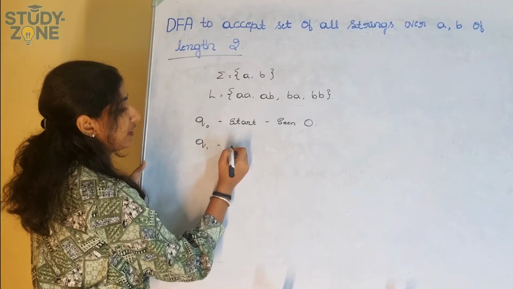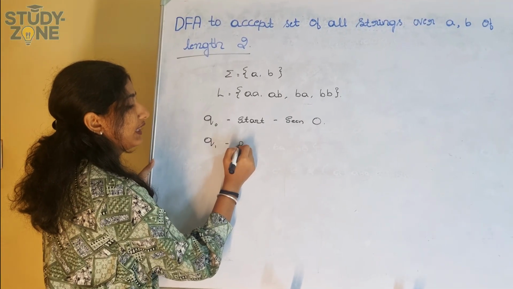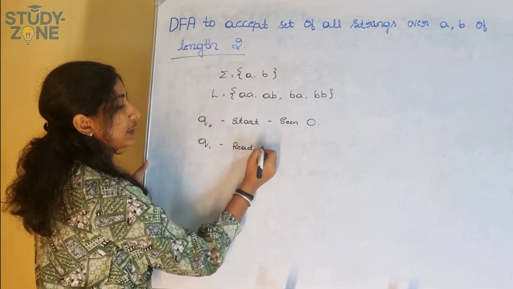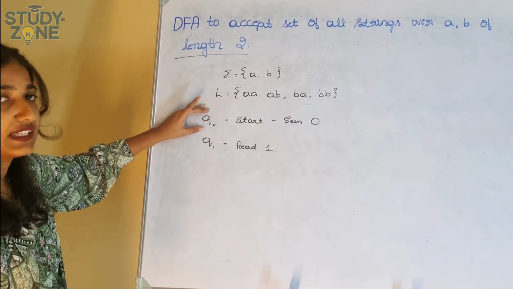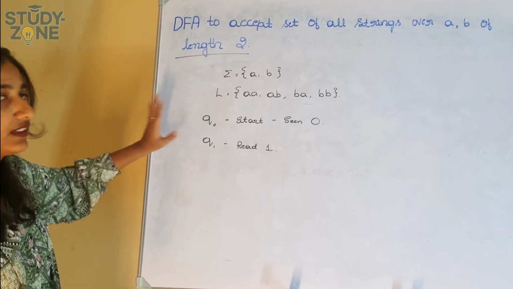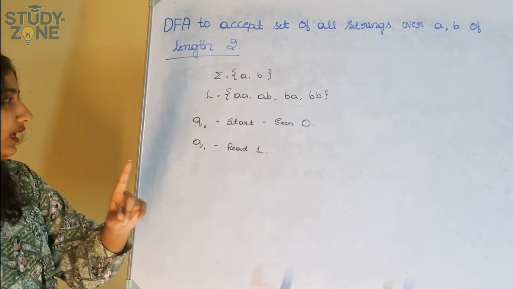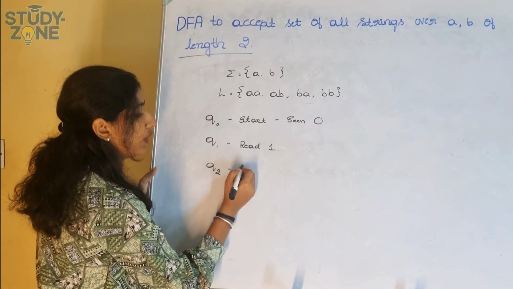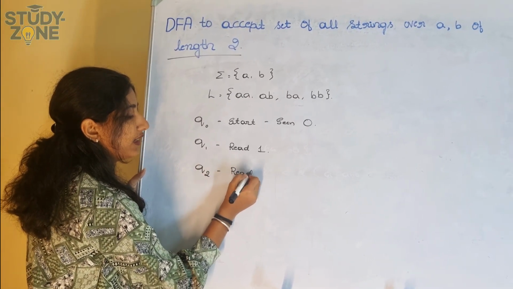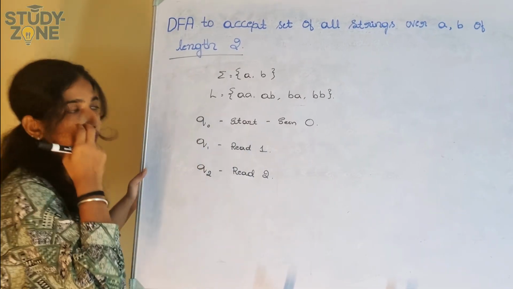Q1 is a state reached after reading 1 symbol, which means Q0 moves to Q1 when it reads 1 input symbol, and Q1 moves to Q2 when it reads a second symbol.